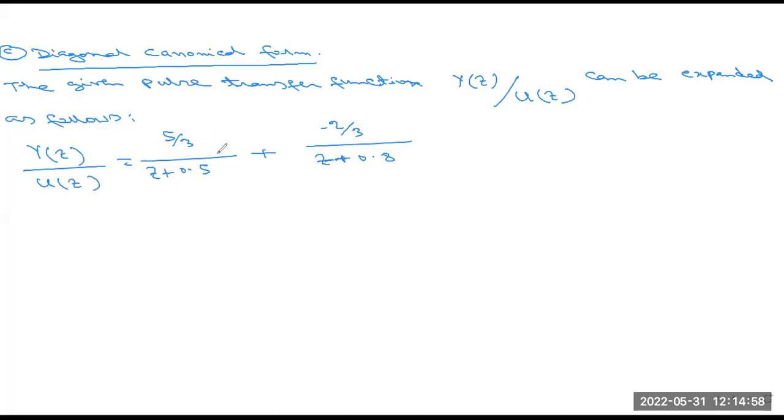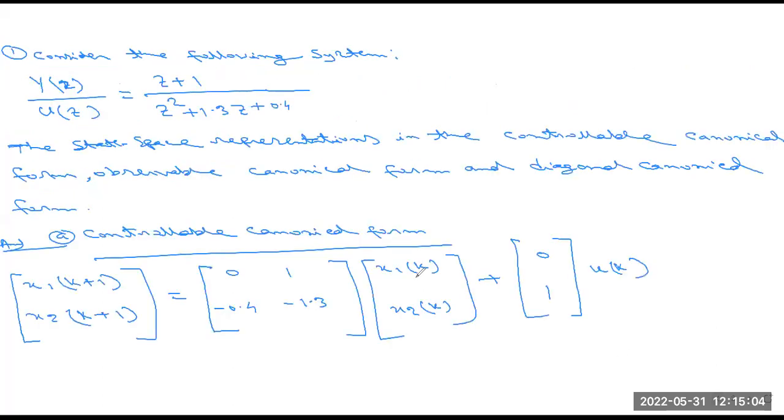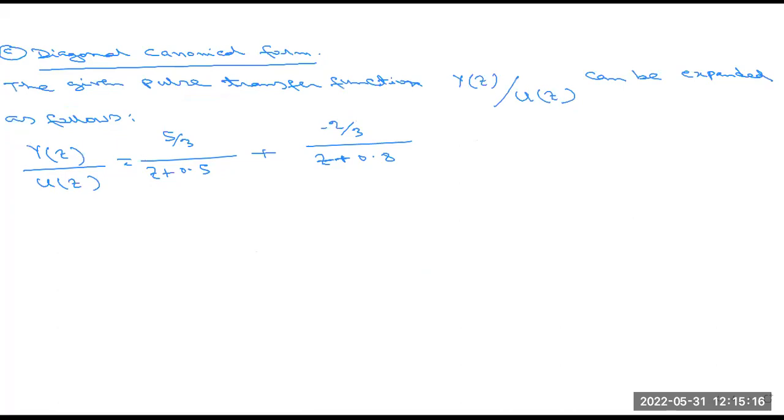You have to calculate these two equations and simplify them. So we have to express these pulse transfer functions in our diagonal format.